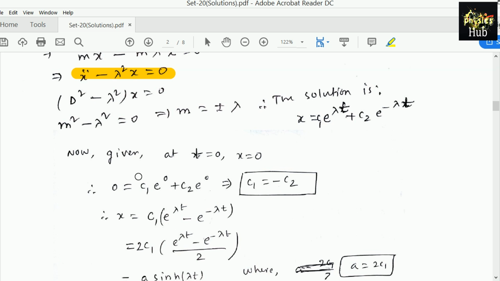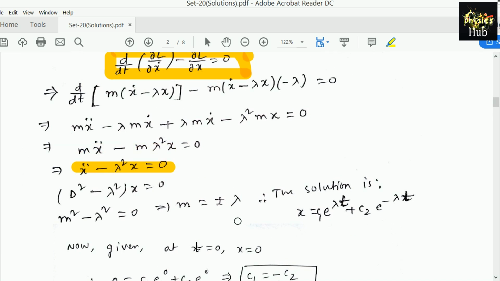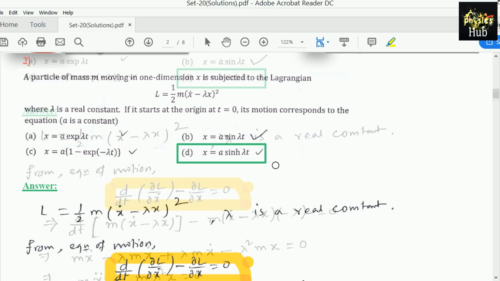One boundary condition or one initial condition is enough to eliminate one constant. So we applied the initial condition given at t equals 0, x equal to 0. We got c1 equals minus c2, and as a result we see sinh lambda t, and it is matching with option 4.